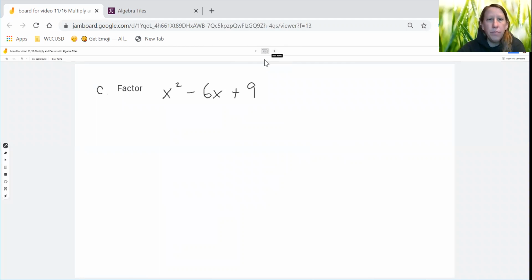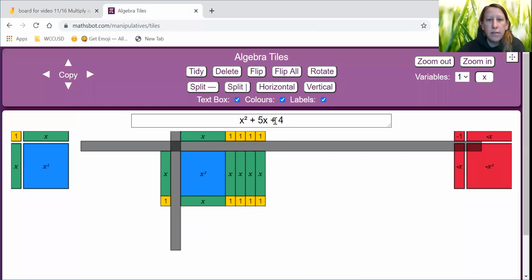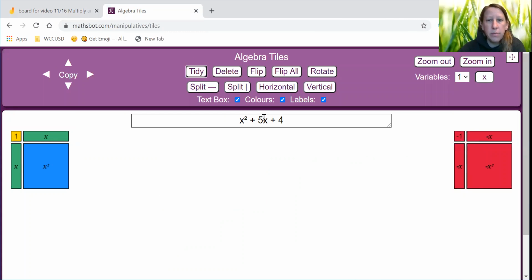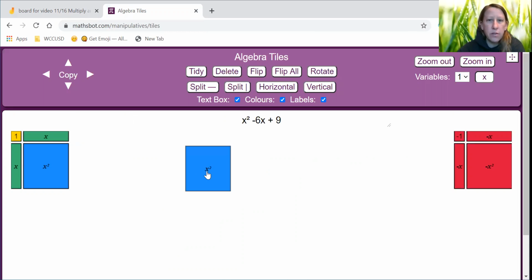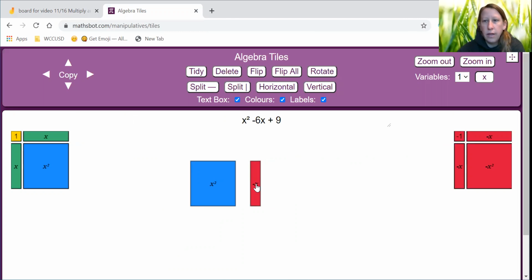Let's try another one. X squared minus 6x plus 9. X squared, I'm going to tidy up the space. X squared minus 6x plus 9. All right, let's build it. There's my x squared. And I'm going to get the red ones because it's minus 6x.